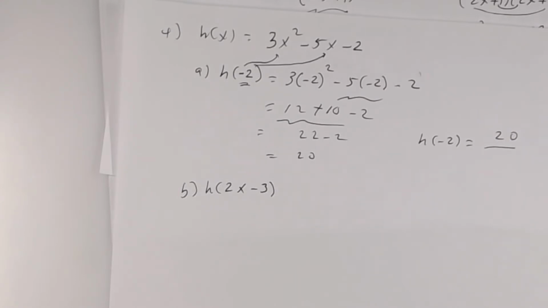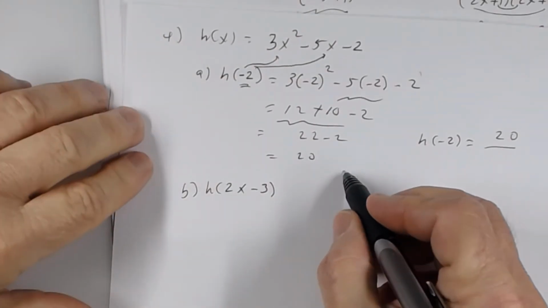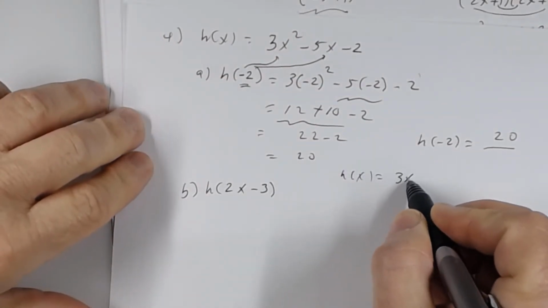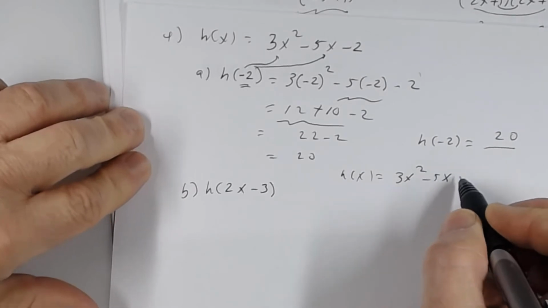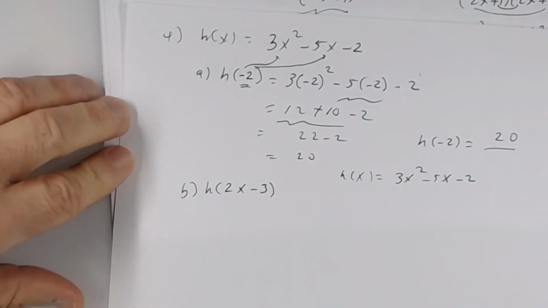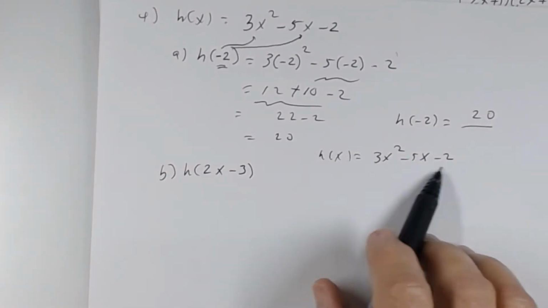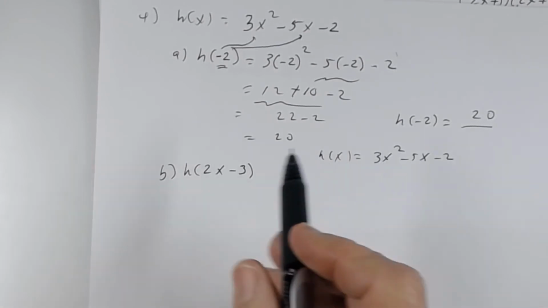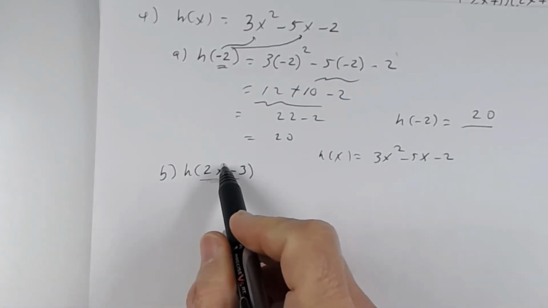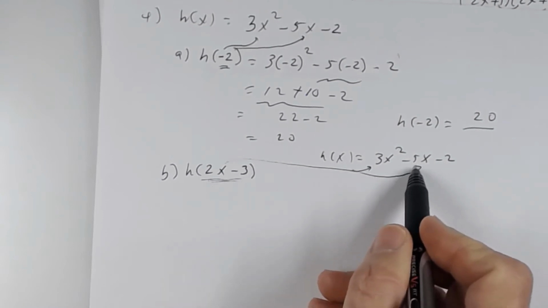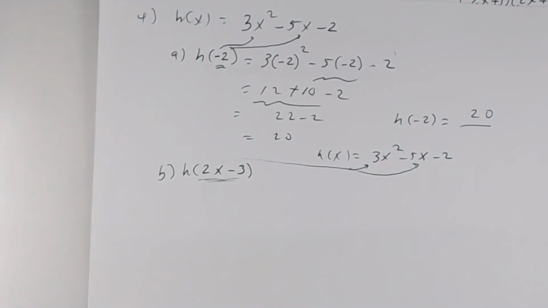So this says, and remember my function is h of x, so h of x is 3x squared minus 5x minus 2. So where we see the variable x in my function h, what do I substitute? 2x minus 3. And I see it twice.